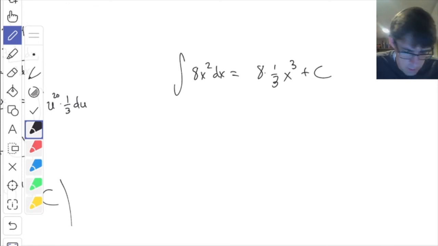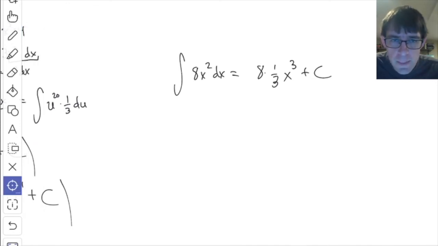And nobody asked me last time, what happened to the dx? The answer is, I did the integral, so I don't write the integral sign anymore, and I also don't write the dx anymore, because when you do the integral, those things go away because you did them. So you should think generally like the dx is kind of like part of the integral sign.